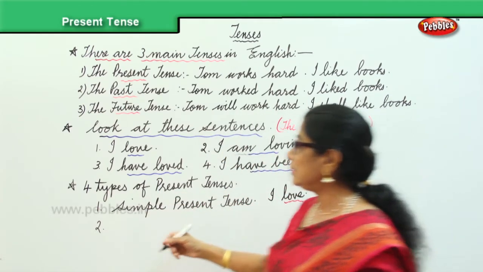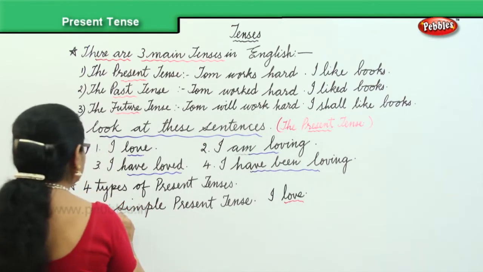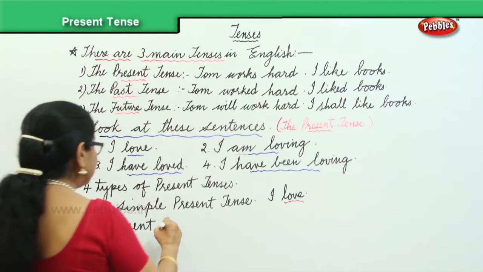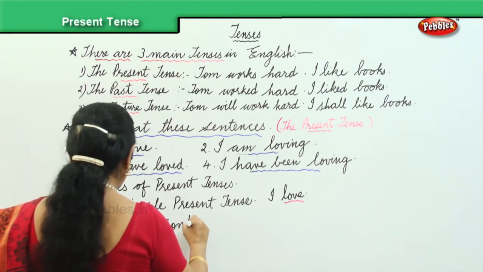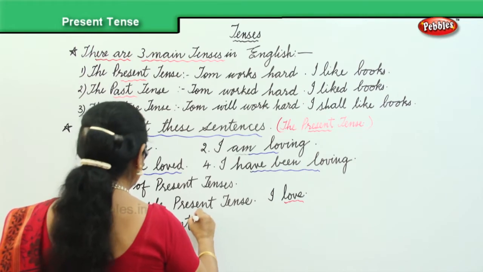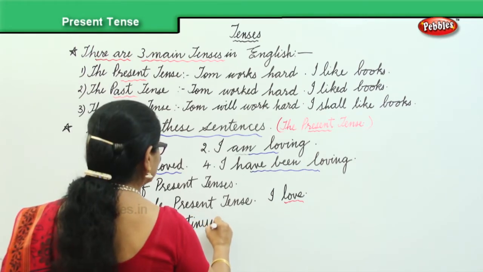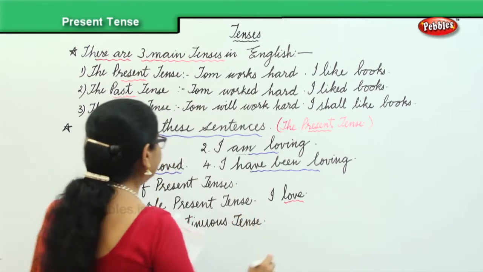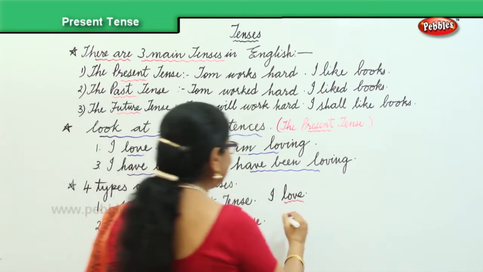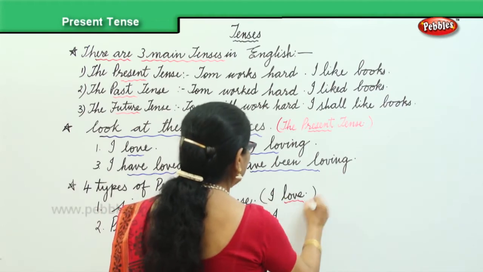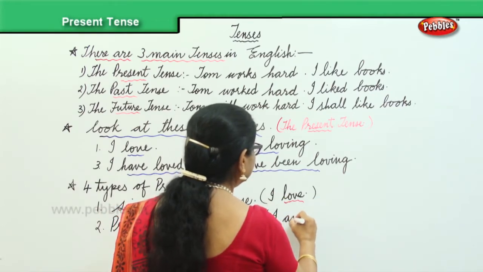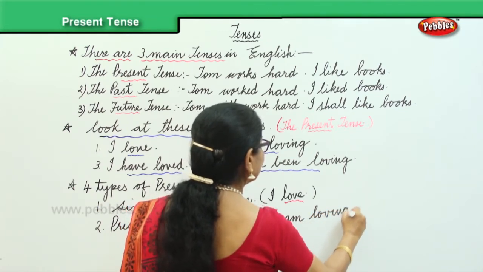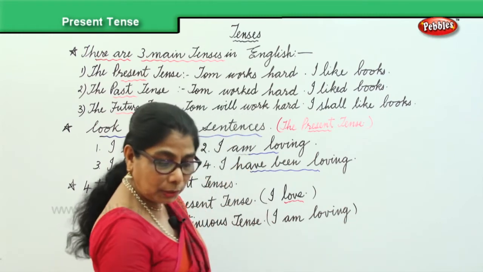So the second one is the present continuous tense. And what is that? I am loving. It's going on. What is the verb?